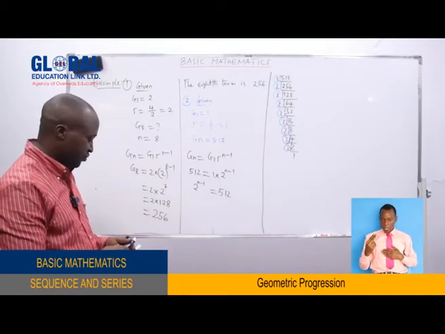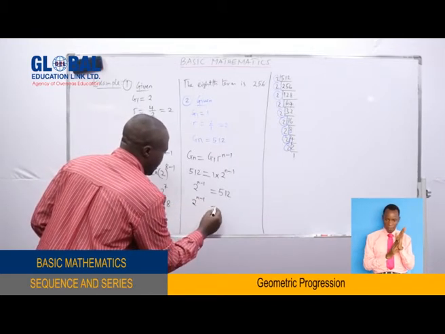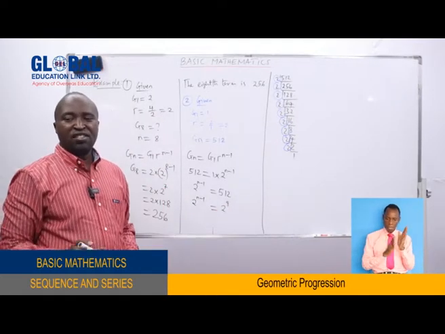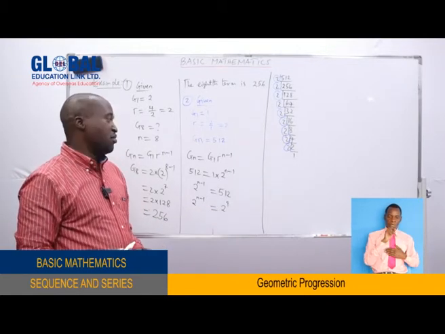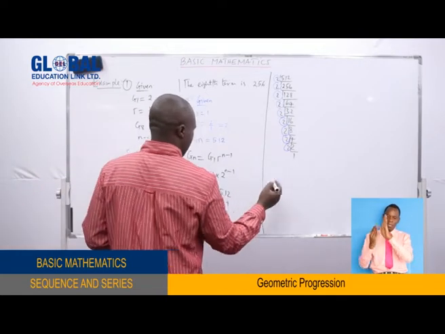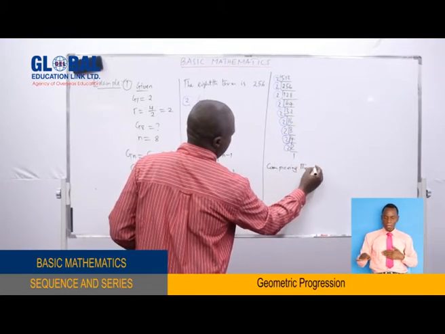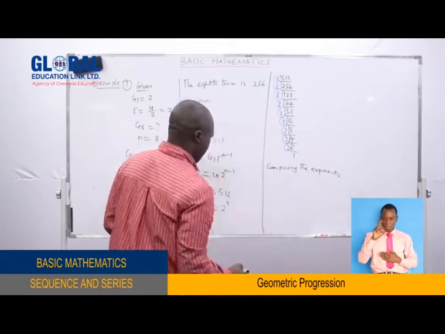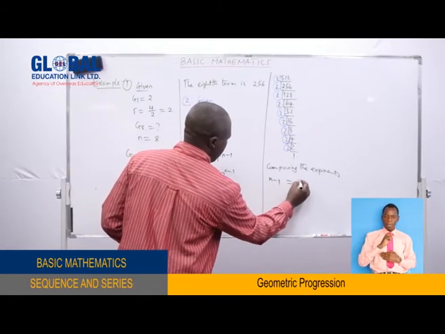So in our question, 2 power n minus 1 is the same as 2 power 9. Since the bases are the same, we can compare the exponents. So on comparing the exponents, we have n minus 1 equal to 9.